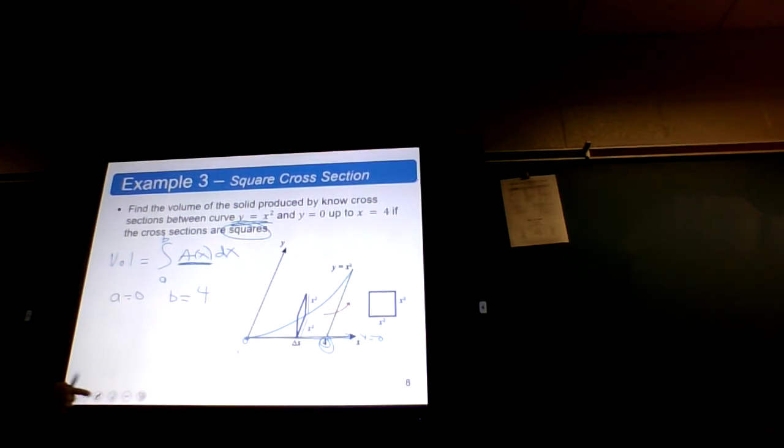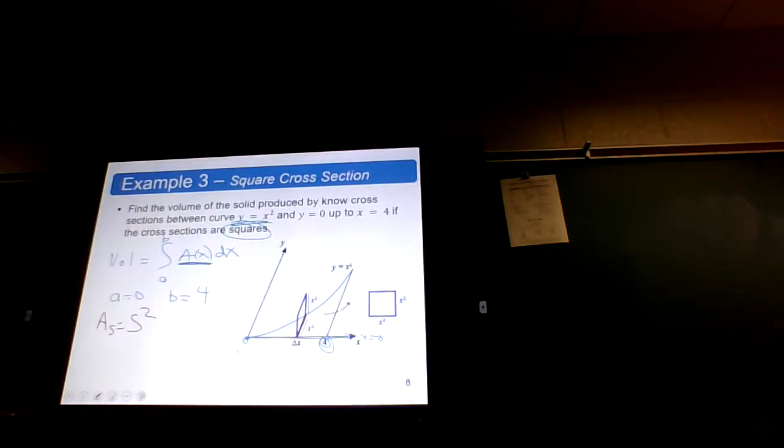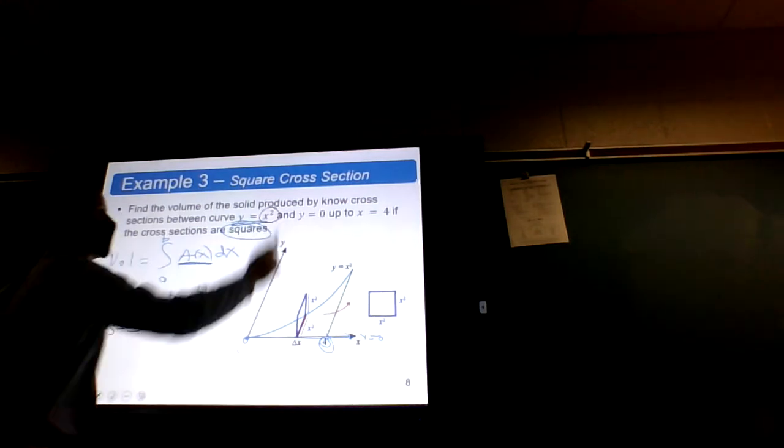How do we find the area of a square? Well, we take the length of one of its sides and square it. That's kind of ridiculous for me to even say. But here's why this one's a little bit different. What is this length from here to here? It's x squared. It's the y value, right? And what is y?